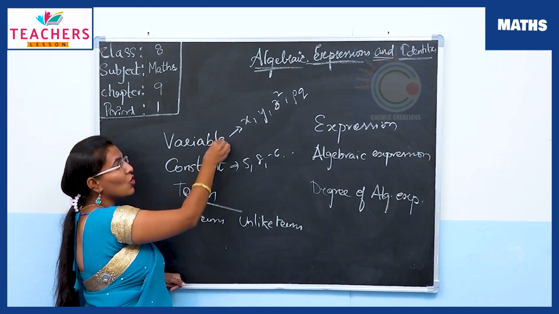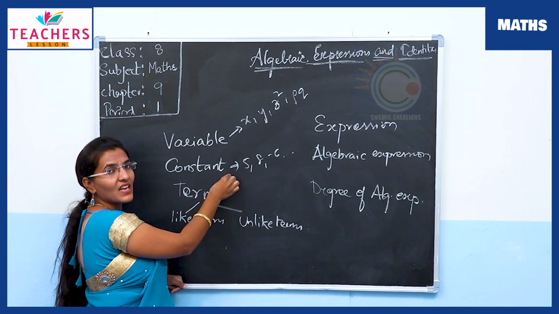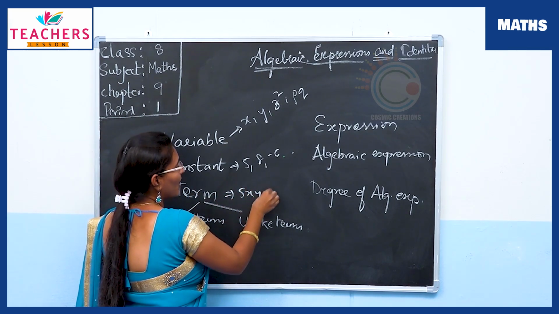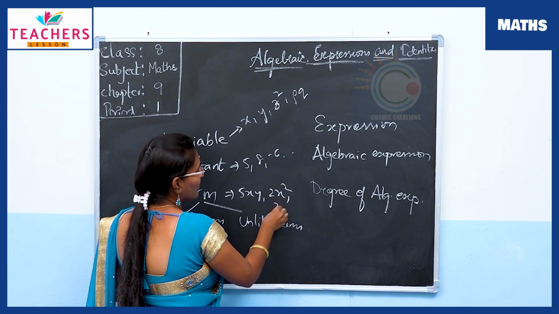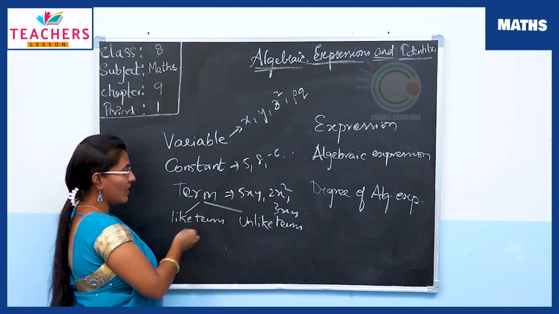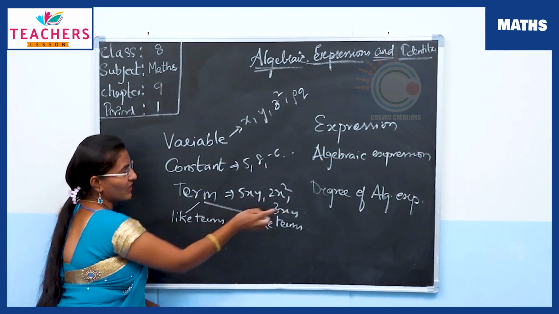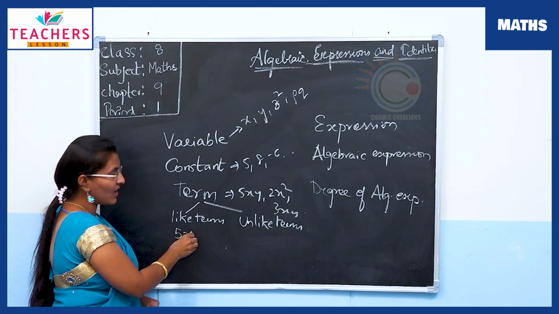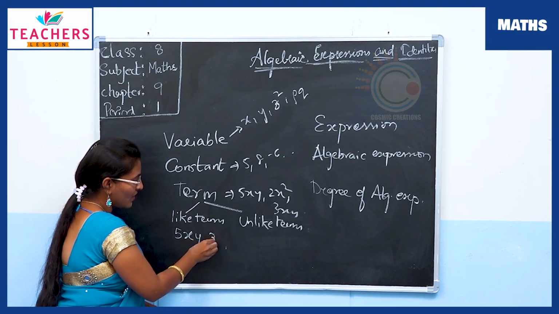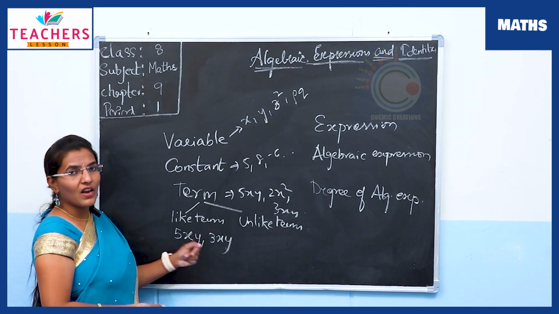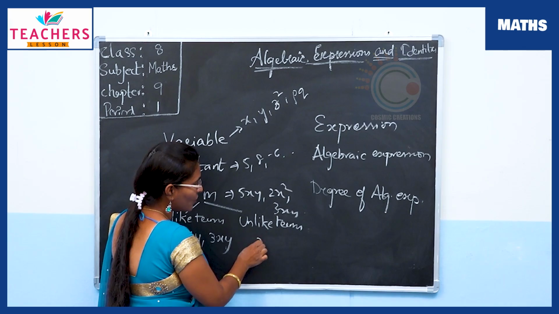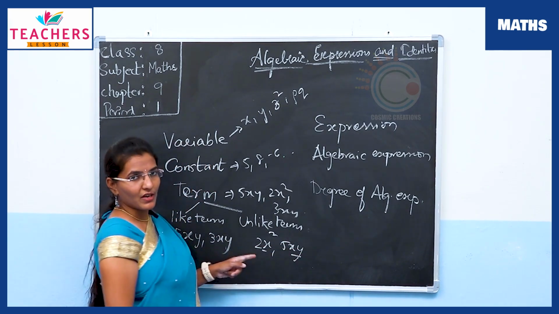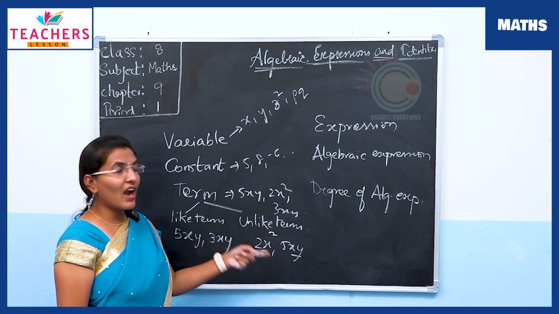Terms are nothing but the combination of both variables and constants, like 5xy, 2x square, 3xy. Like terms have the same variables: 3xy and 5xy are like terms. Unlike terms are 2x square and 5xy; the variables are different, so we categorize them as unlike terms.